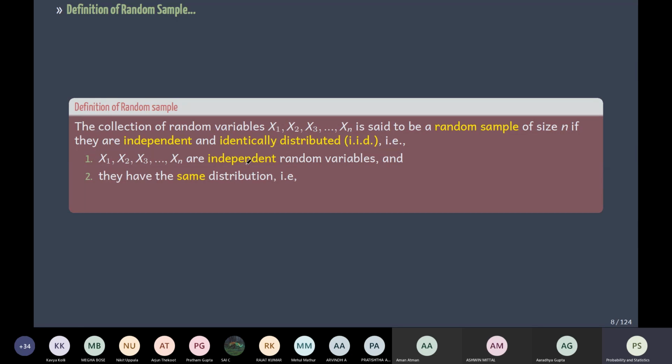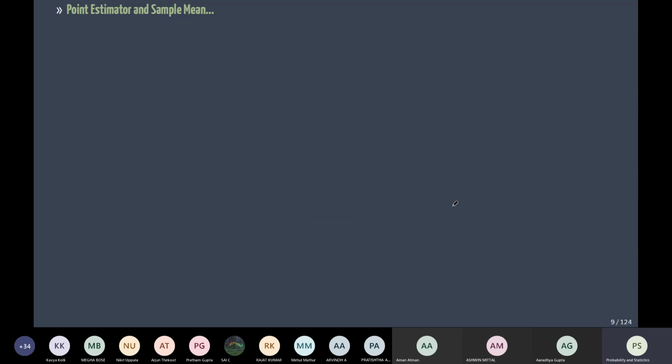In other words, x1 to xn are independent random variables and they have the same distribution. Okay, that's the meaning of identically distributed. And since they have the same distribution, the CDF for a given x will produce the same values for all given x.